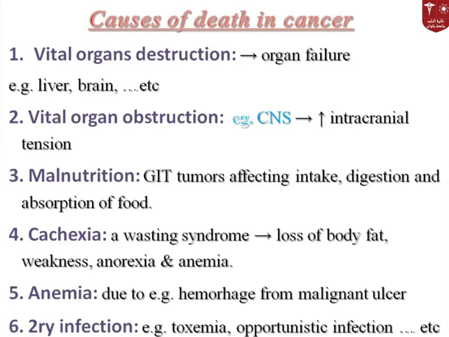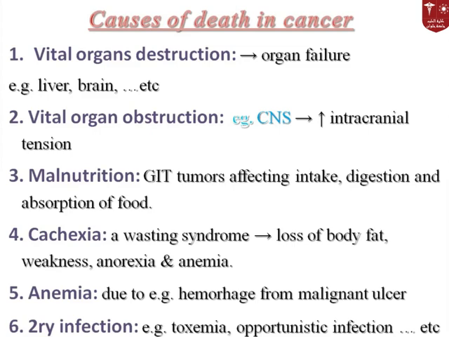Also, malignant tumors can arise in areas where, even if they are small in size, they can cause great symptoms or great complications, like in the CNS or in the respiratory tract, right?